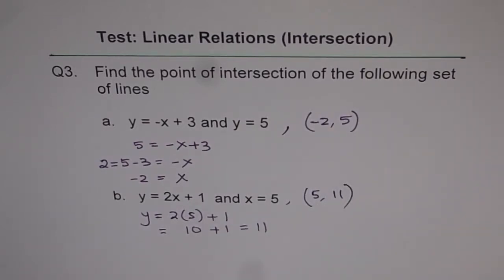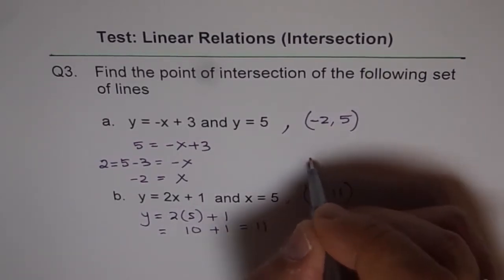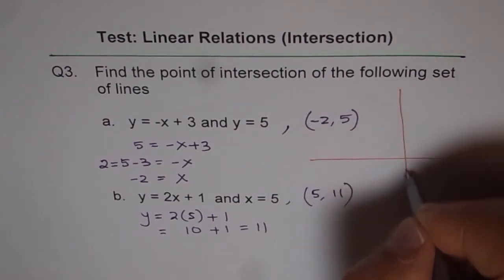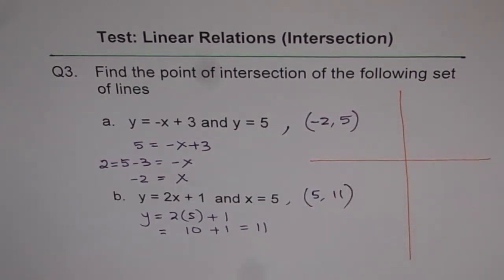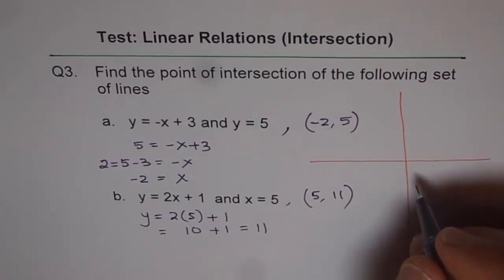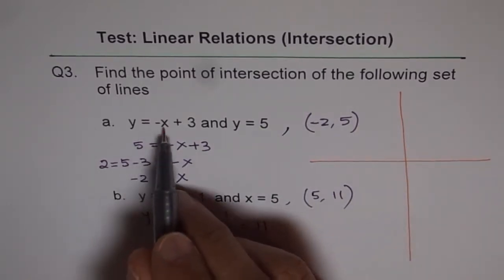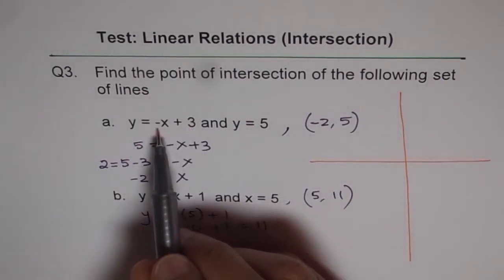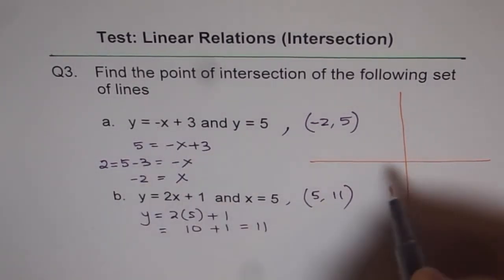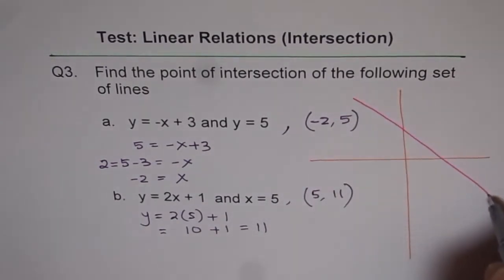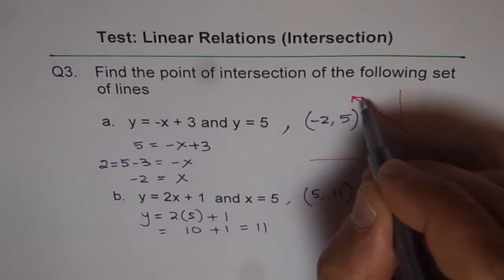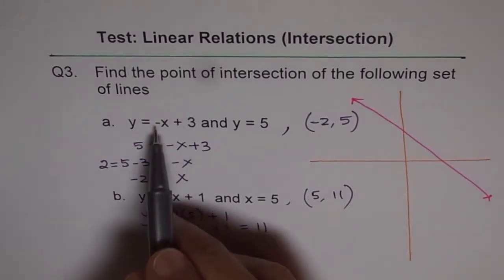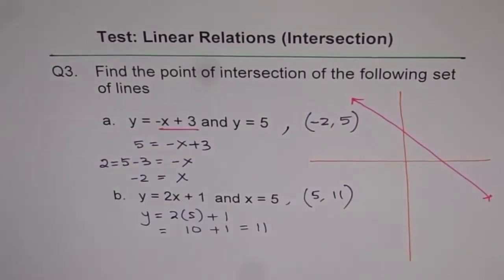Now as an added exercise, you need to plot them on a graph paper accurately to find this answer, right? I'm doing a rough work for you here. Minus x plus 3 means y-intercept of 3 and going down 1 unit, right? So let us say line will look like this, correct? So that is minus x plus 3, correct?